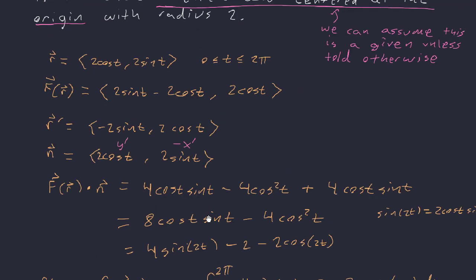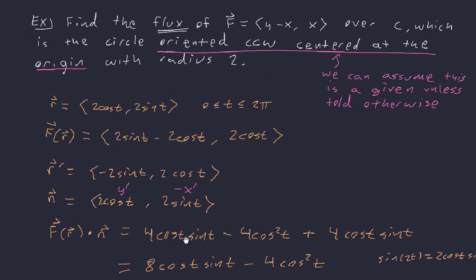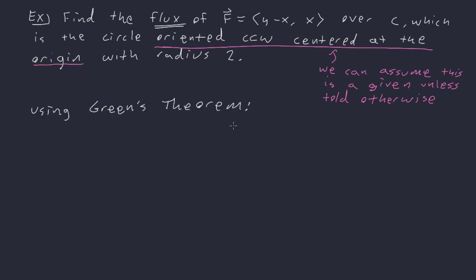This field along our path has more leaving than entering, if we're looking at the path here. Now, like I said, this isn't impossible. This isn't that terrible. However, let's look at what happens if we use Green's theorem. By Green's theorem, the flux integral of F · n ds will be equal to the double integral over R of the divergence of F dA.